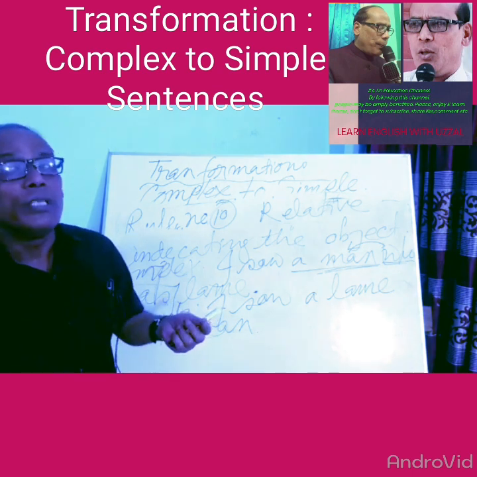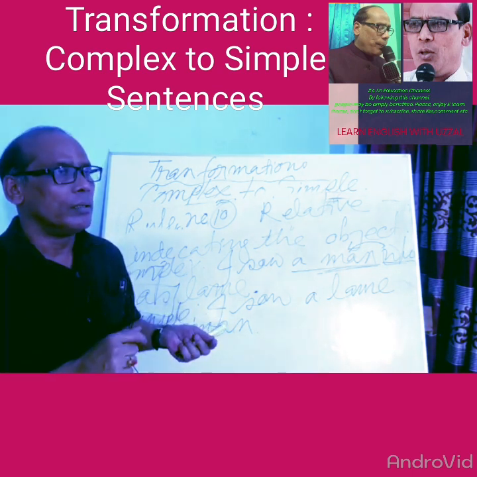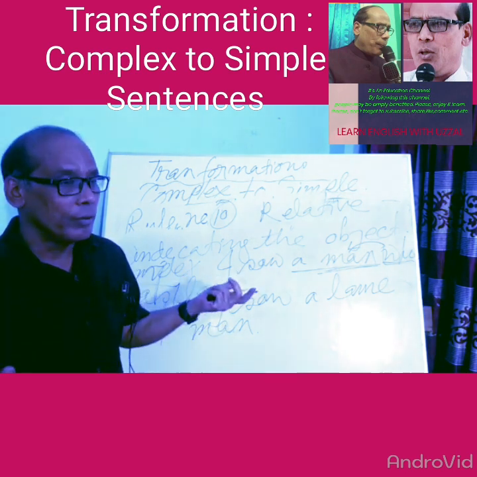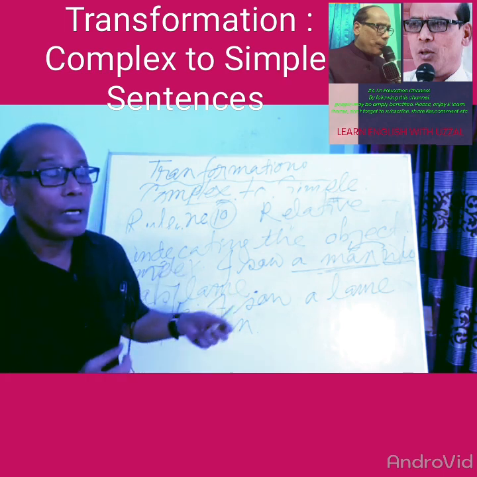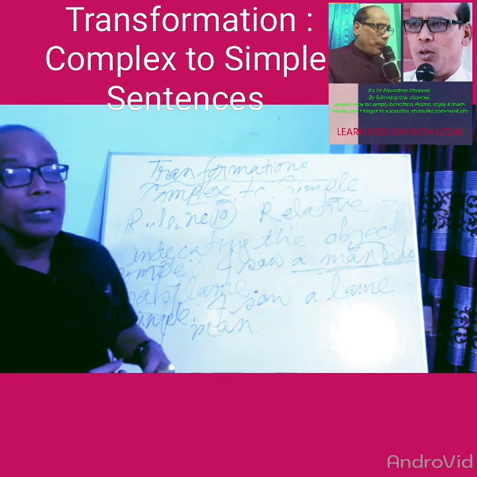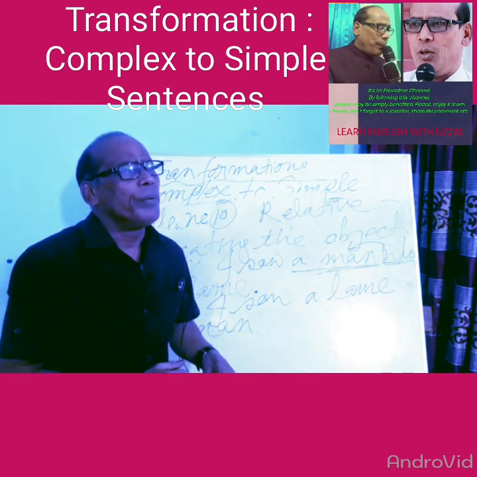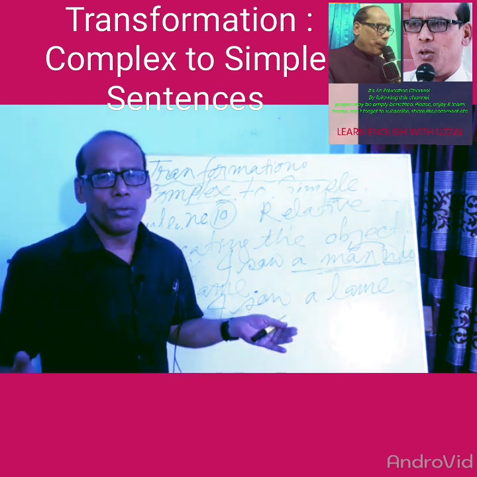That means, who is beautiful? I want to marry a girl who is beautiful. So, beautiful will come before the girl. I want to marry a beautiful girl. I want to help the people who are poor.